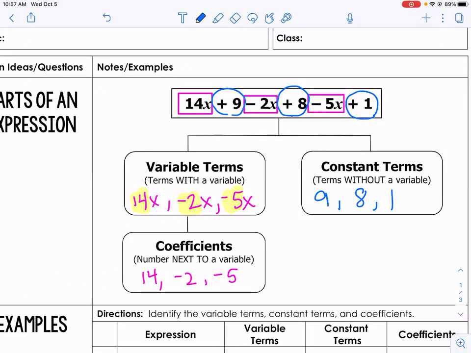If you put a +9, +8, +1, that's fine, but you don't need to because that plus means we're adding a positive number. But if there's a minus, that does need to stay attached to your number. Eventually we're going to take this example and combine like terms, but let's just practice boxing and circling to identify which ones are variable terms and which ones are constant terms.